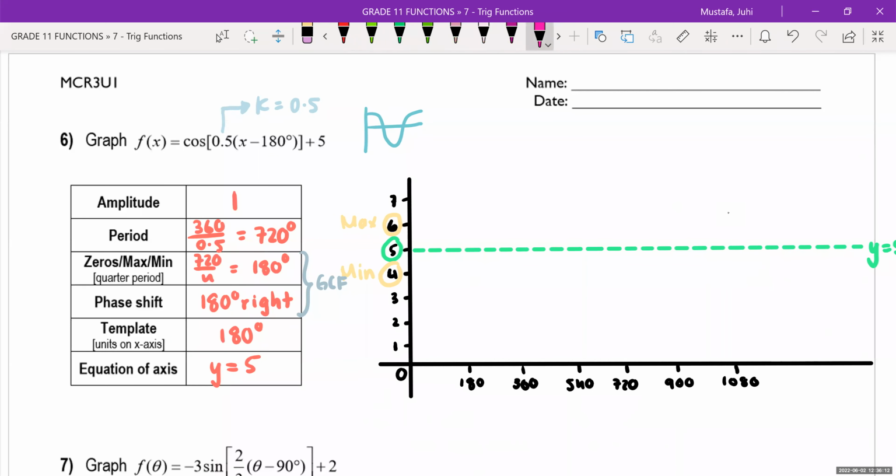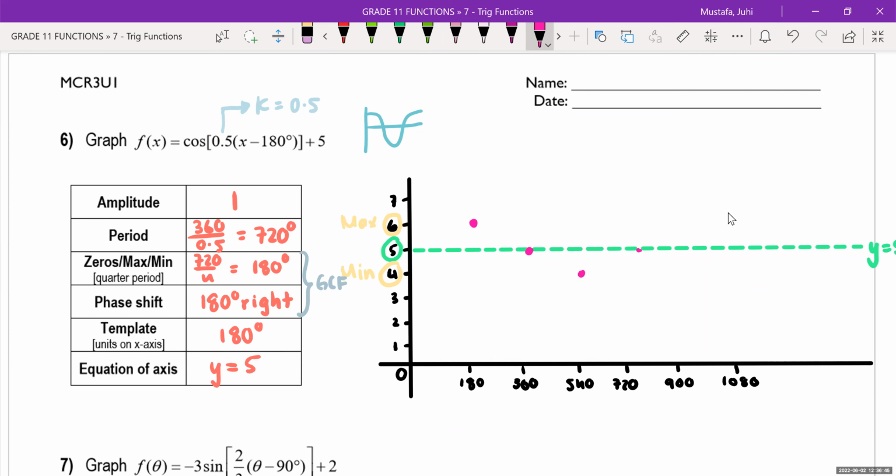Okay, but we're not going to start over here. Even though we're starting at the maximum, we know we're going to go all the way to 6. We're not going to start there because we recognize that there is a phase shift of 180 degrees to the right. So the first point is actually going to be 180, 6. Then you're going to move over a quarter period, which is 180, and you're going to go to your equation of axis. You're going to move over a quarter period and go to your minimum.